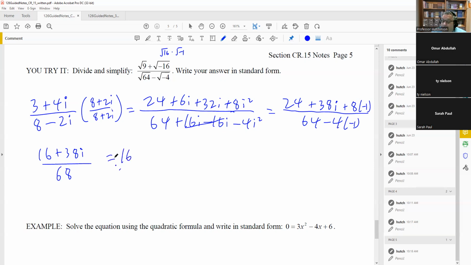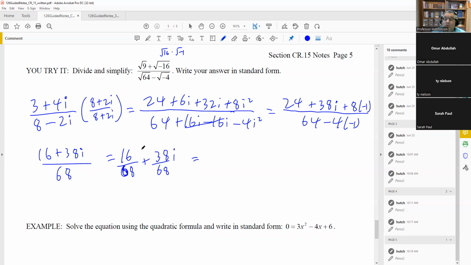Then we just need to divide both of these by 68. 68 here and 68 here. Okay, so we divide both of them by 68, and we have an i that we have here.